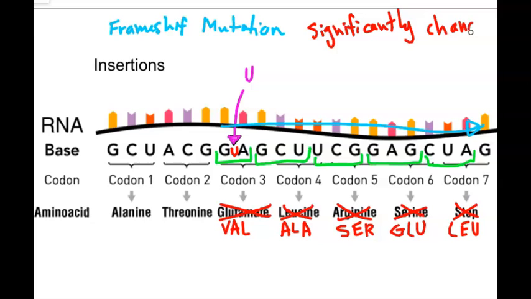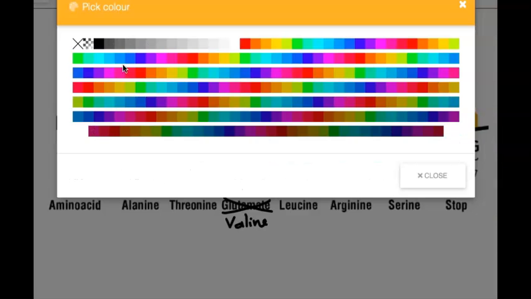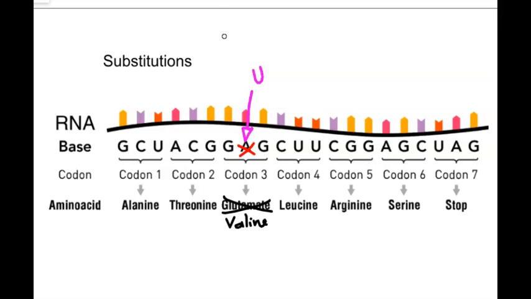So it significantly changes protein structure because it's a frameshift mutation versus the substitution. It only changed one of these amino acids. This is known as a point mutation.